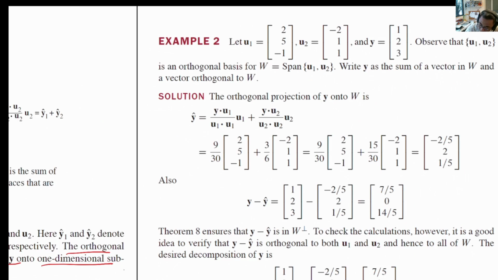On the right is an example where y belongs to R3 and the subspace is R2.